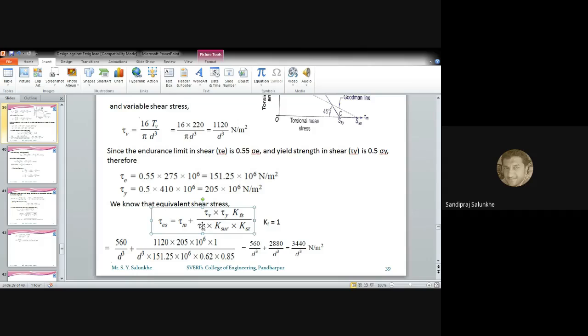Okay, this is for the Goodman relationship. Otherwise, we can calculate in our own convenient way how to convert Se dash to Se, likewise tau e dash to tau e. Are you getting it?